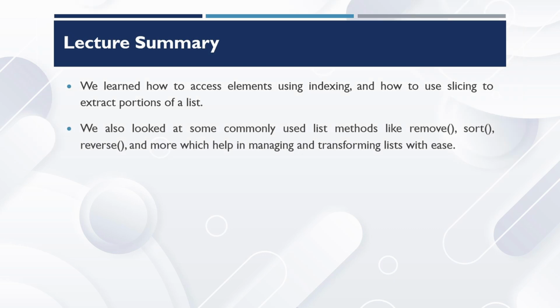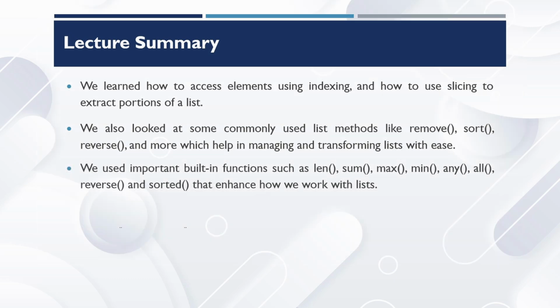We also looked at some commonly used methods like remove, sort, reverse, and more, which help in managing and transforming lists with ease. Finally, we explored useful built-in functions such as length, sum, max, and sorted that enhance how we work with lists.